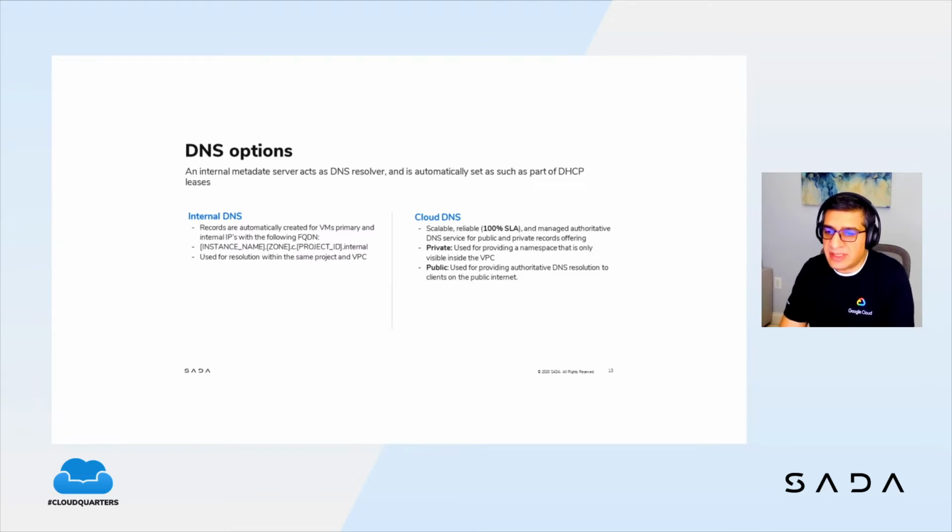But the benefit here is that this metadata server will enable integration or the use of our Cloud DNS service. Our Cloud DNS service is a highly available and scalable service that comes with 100% SLA, and it offers customers the creation of private or public DNS zones.